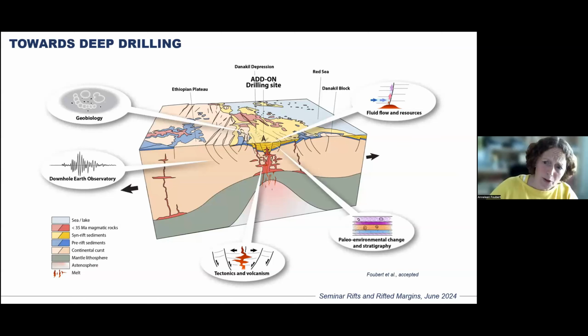So the add-on project aims at drilling in the syn-rift sediments in the Danakil Depression, and this unique sedimentary archive will provide us with the necessary core and downhole data to unravel this complex paleoenvironmental change in the rift basin, and provide us with the stratigraphic constraints to understand other angles of the project, for example, to understand incipient and intermittent basin dynamics through very probably punctuated volcanotectonic events in a rift transitioning from continental rifting towards seafloor spreading, and probably adjacent rifted margin development.